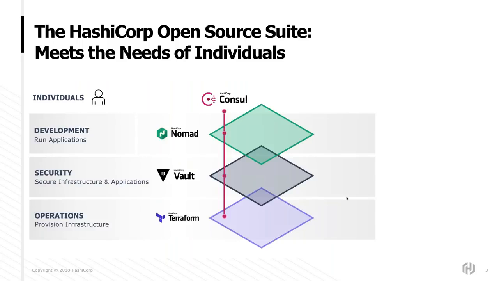First of all, the HashiCorp open source suite consists of the 4 products that you see here, and these align to the things I had on that very first slide, which is that Terraform helps customers provision their infrastructure. That's typically done by operations teams. Vault helps security teams secure infrastructure and applications, and Nomad helps customers run their applications.